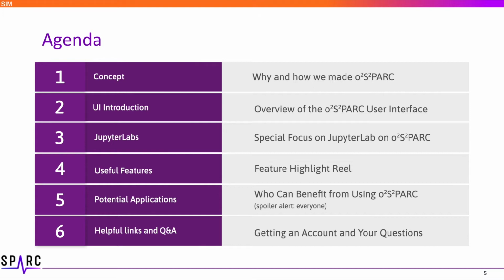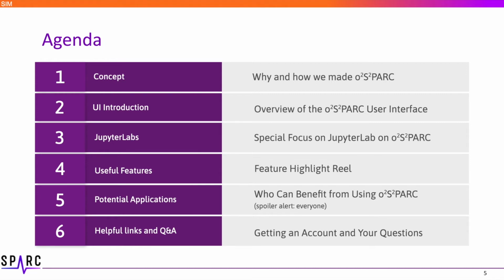This is a quick look at our agenda, what I really want to cover today. The first is the concept of o²S²PARC, so how and why we made it. Next is the overview of the o²S²PARC interface and a bit of terminology and the components of o²S²PARC. Then we'll focus in on one very particular component of o²S²PARC called the Jupyter Lab.